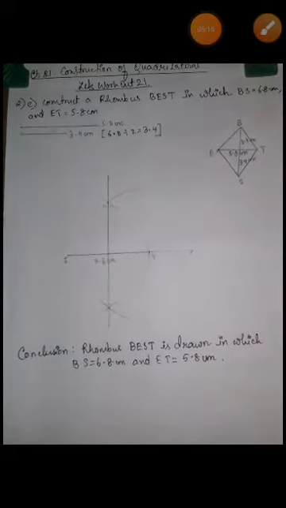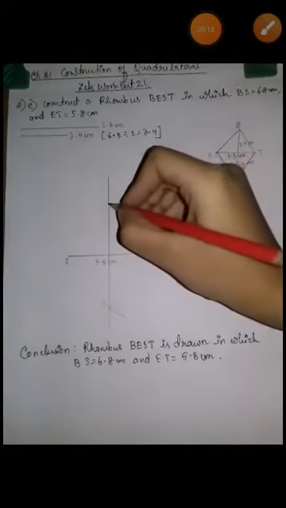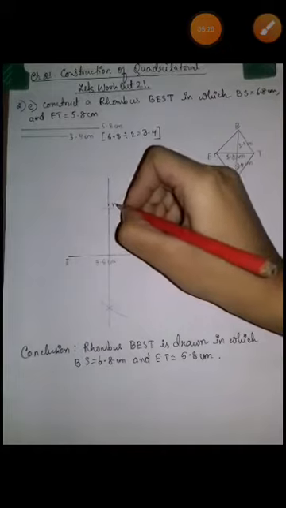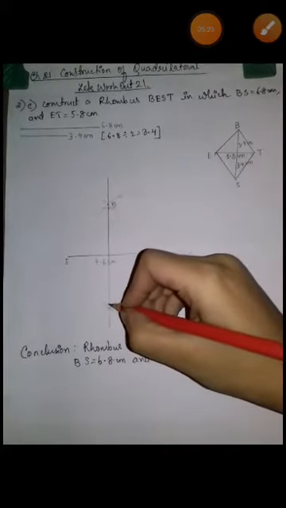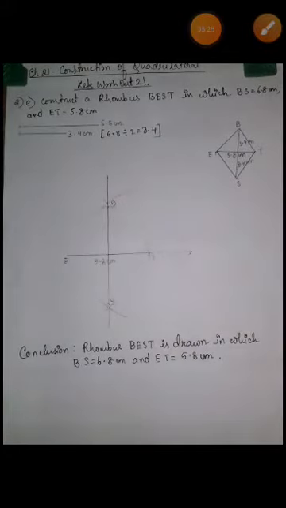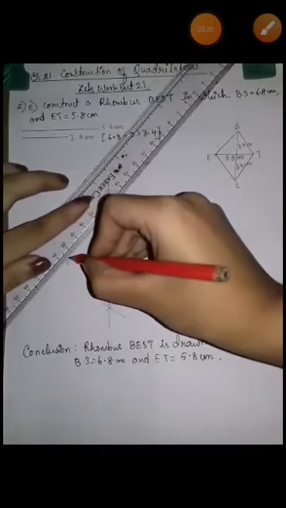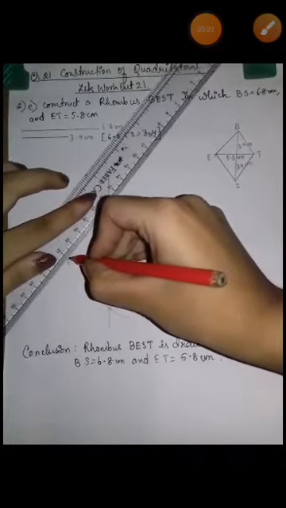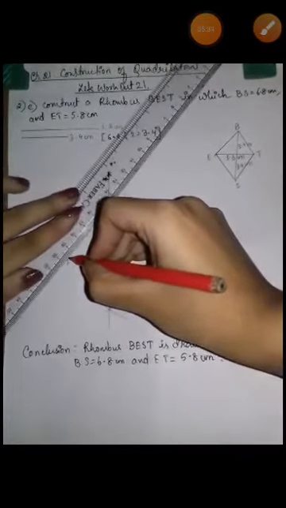So finally you are getting the points B and S. Now you join all the vertices using the scale and pencil.